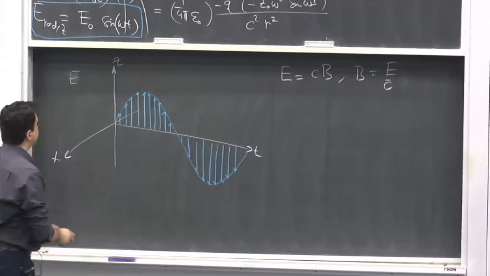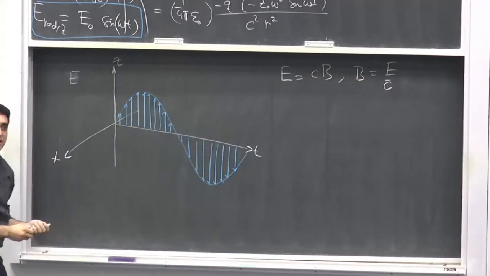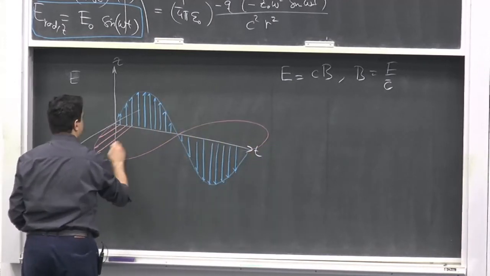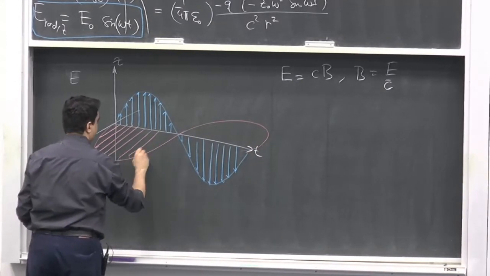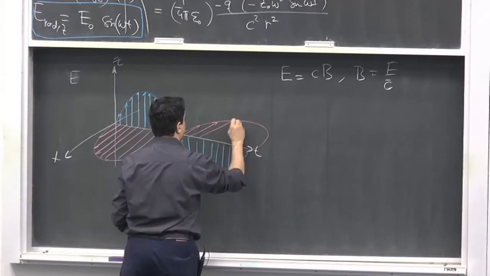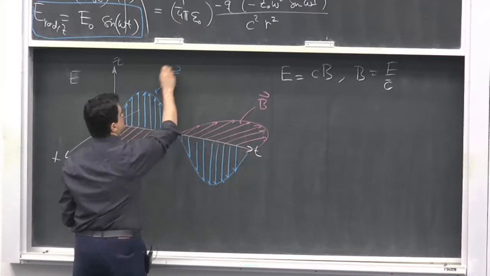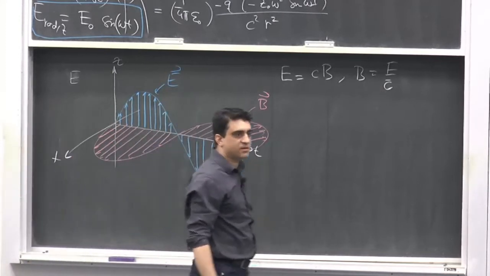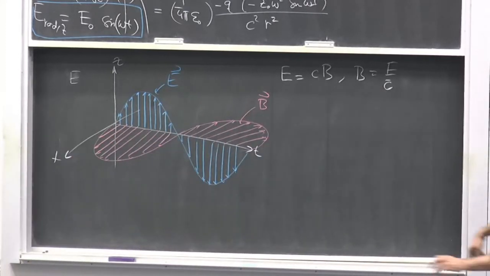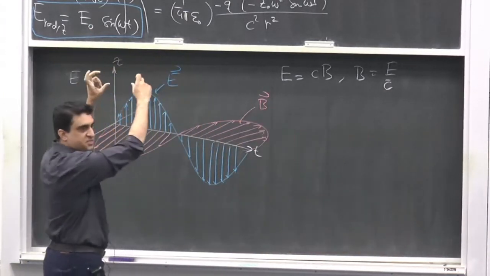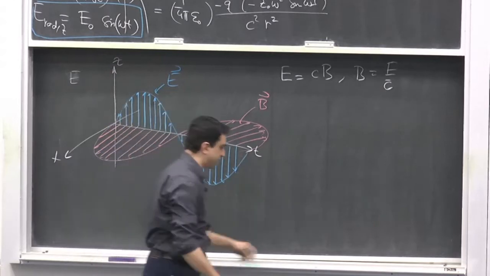What about the radiative electric field magnitude? It drops like 1/R. This would be 1/R. This is the radiative field magnitude.